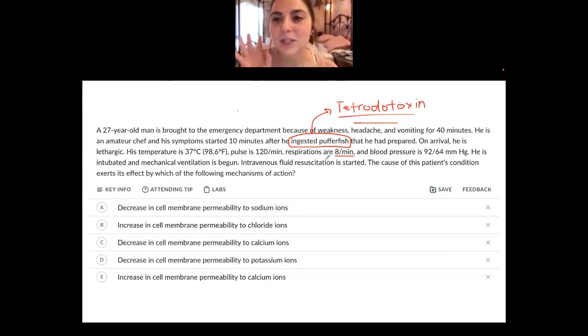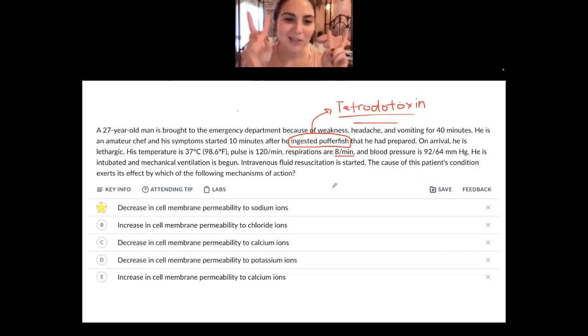Anyway, if you see pufferfish, it's usually because they went to a fancy restaurant and the chef didn't prepare the pufferfish correctly. They have to remove the tetrodotoxin from it. If they don't, you can have these side effects and literally die from it. What tetrodotoxin does is it blocks sodium ions, basically.